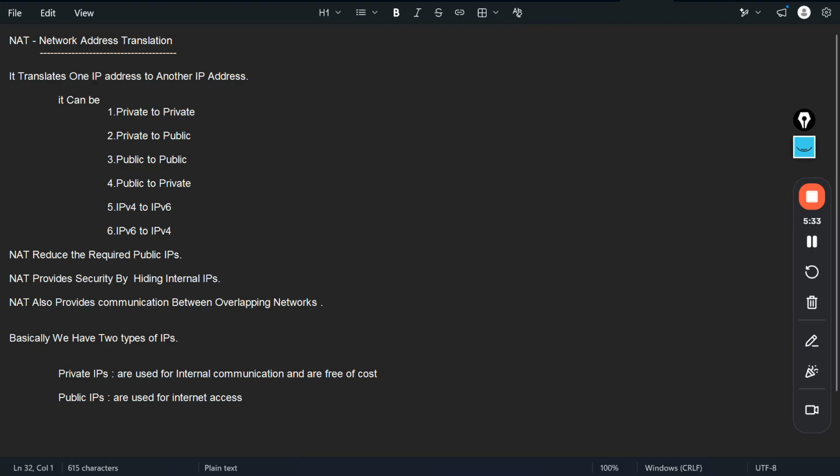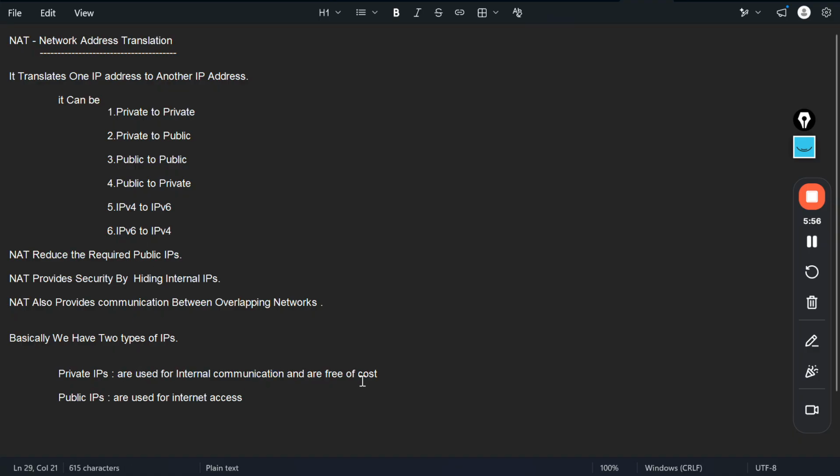Private IPs are used for internal communication. With private IPs, we cannot access the internet. Remember this point. Private IPs are used only for internal communication. Within the organization, if your employees want to connect to each other, we use private IPs.